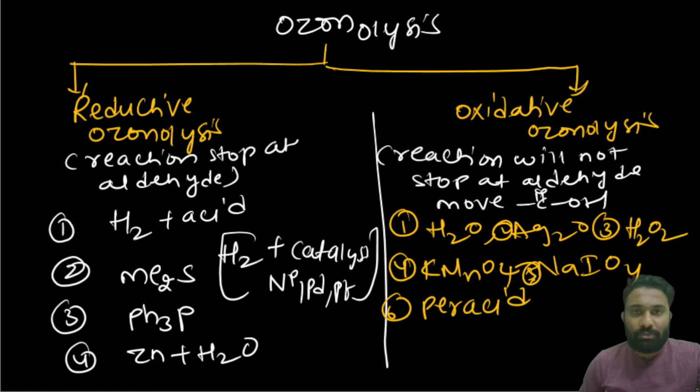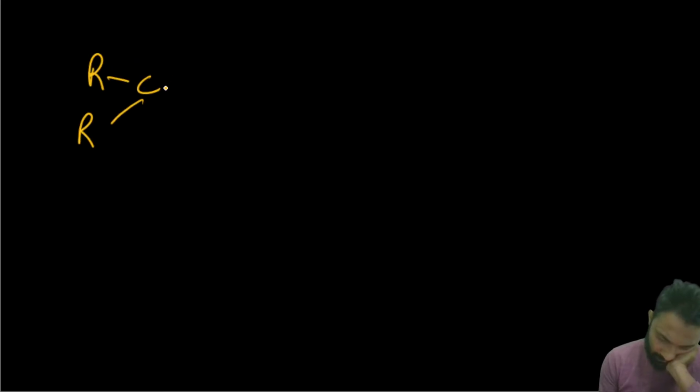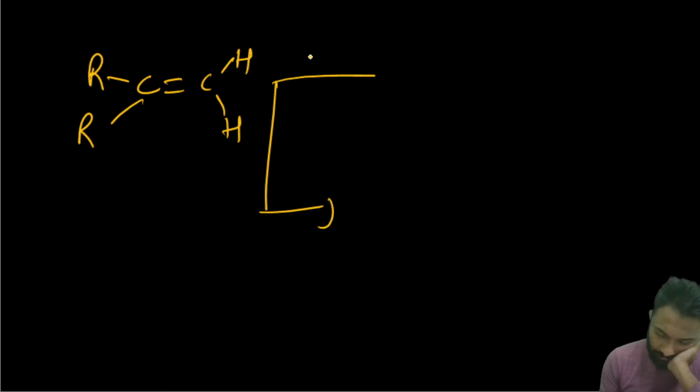Now we will do some questions based on ozonolysis. Here R double bond, here the H, here the H. One you do with ozone in the presence of Zn H2O, and the other with ozone in the presence of H2O.